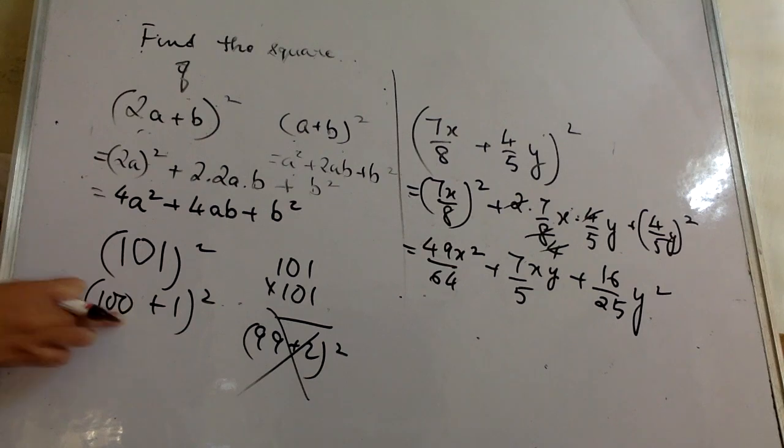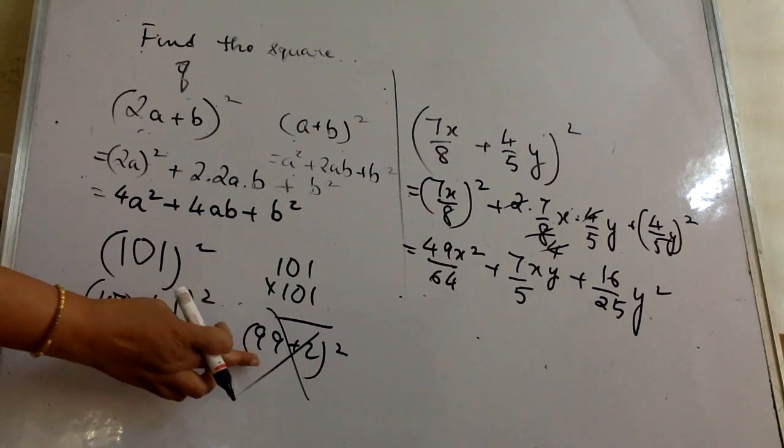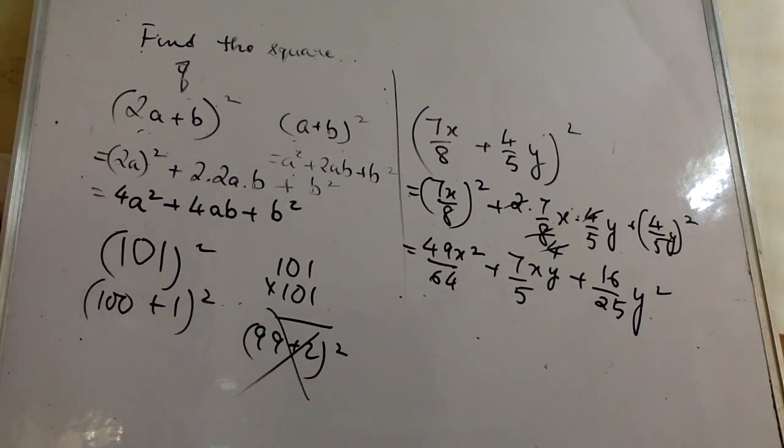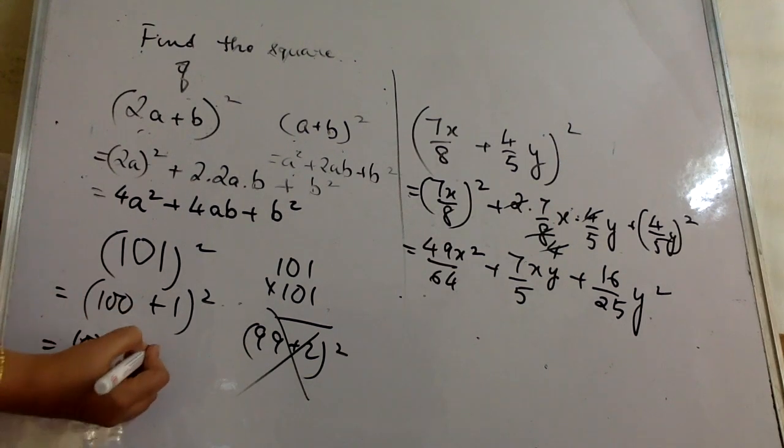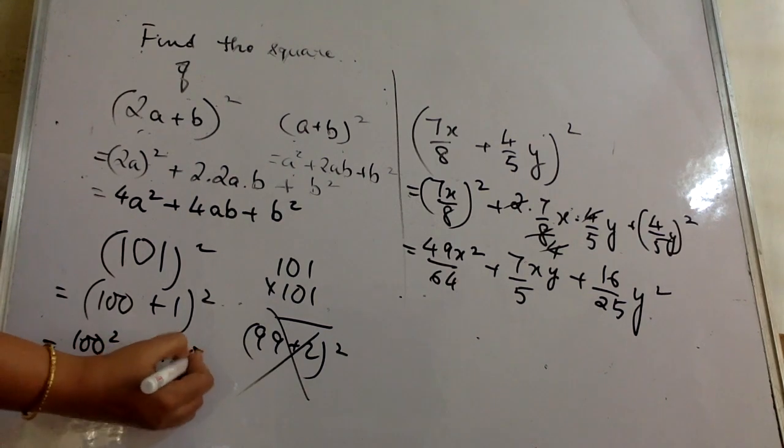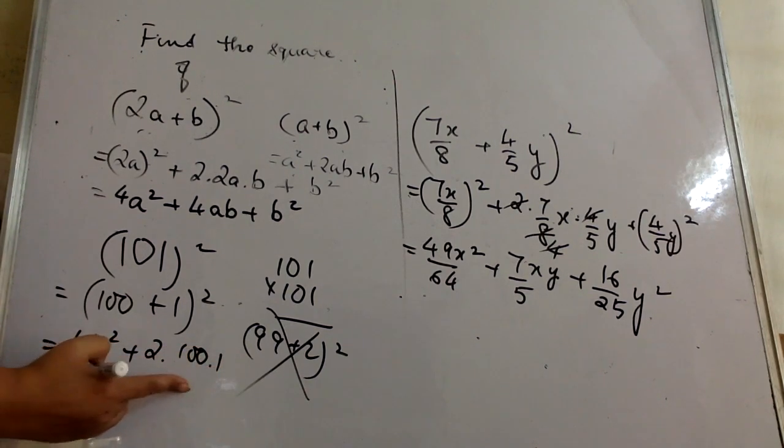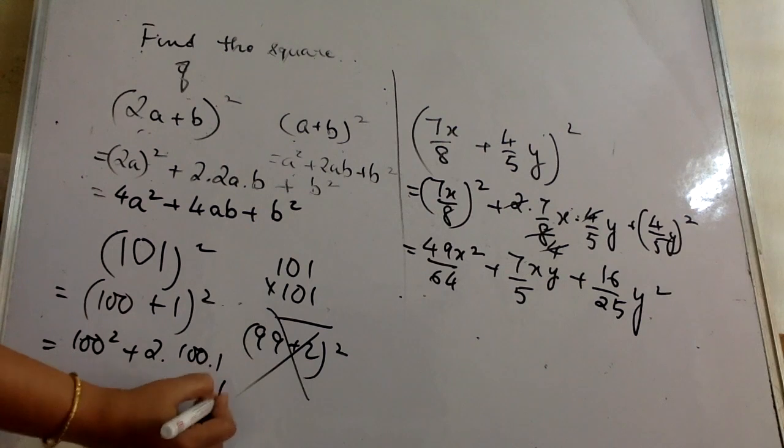That means I should have maximum number of zeros and ones, so I should take a 10, 100, 1000, numbers like that, so that my calculation becomes simpler. With this, 99 square is going to make my sum more difficult. So now what do I do? This is 100 square plus 2 into 100 into 1, this is 2ab, and then plus 1 square.